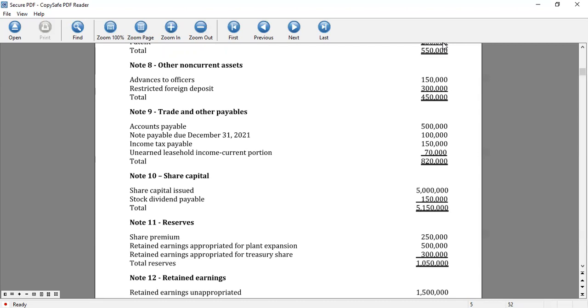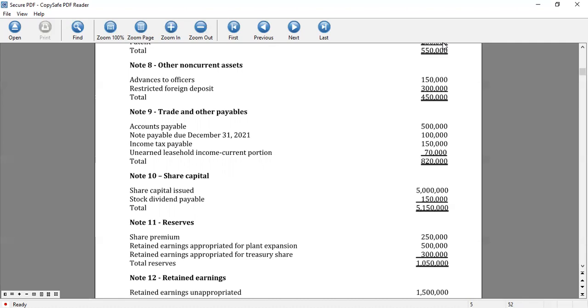Now, the total of the reserves is 1,050,000. That includes the share premium included among the total current liabilities. Actually, share premium is part of your share capital, part of the reserves, no? Part, I mean, of the shareholders' equity.